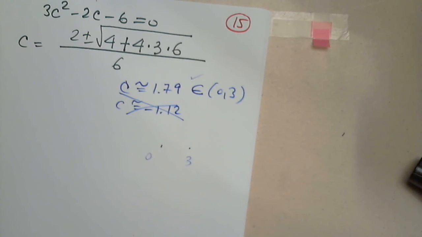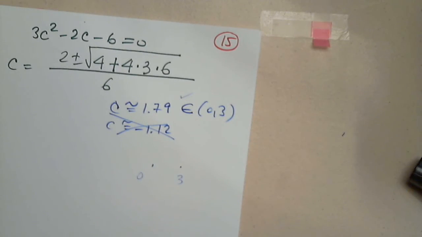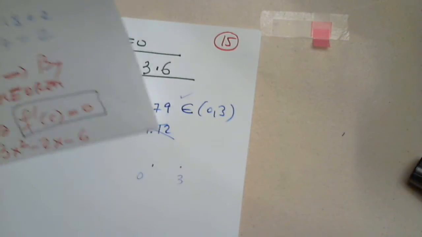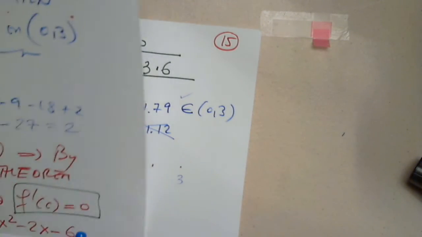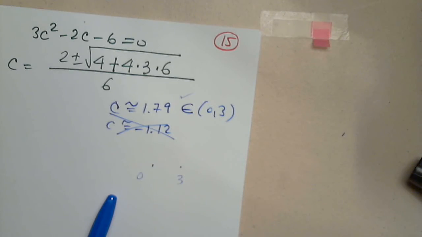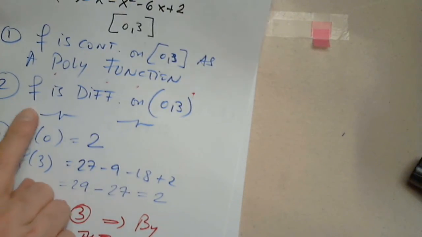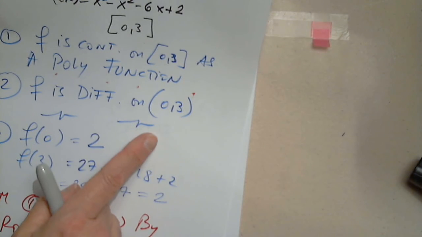I have a question. Yes, please. For number 2 in the theorem, f is differentiable on 0, 3. Can you just go over that one last time? Which part? For the second part of the theorem. This one? Yes. Polynomial functions are differentiable everywhere.